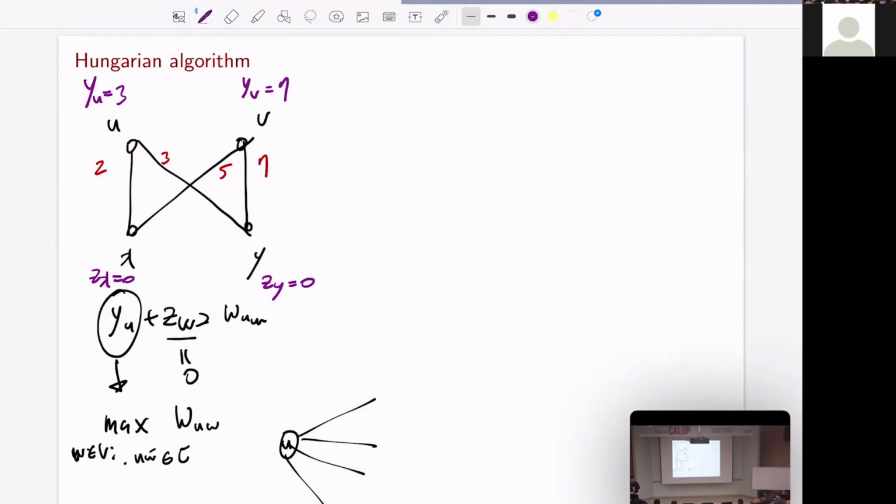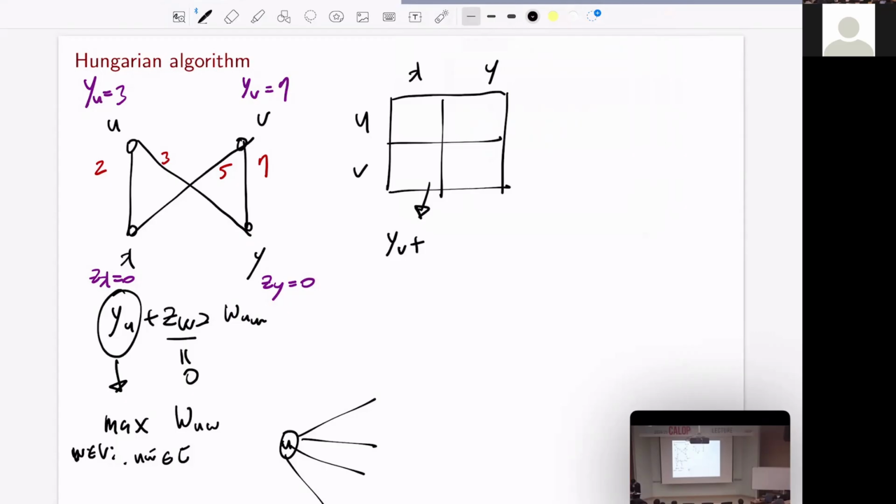Okay. And let me draw a table. U and v, and x and y, and here each value will be, for example, this one is yv plus zx minus wvx.